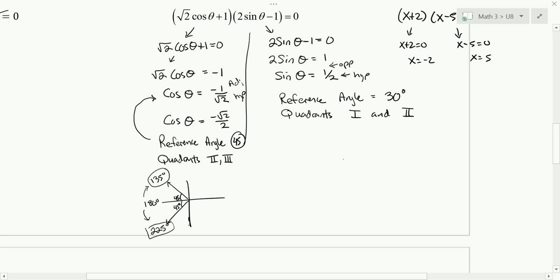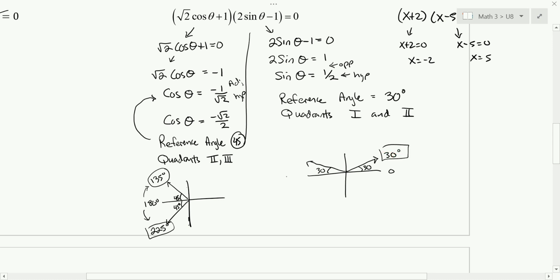And then for the sine part, we're going to put 30 degrees in quadrant 1 and quadrant 2. So always 30 from the x-axis, never from the y-axis. So that's 30 from 0, which is 30.